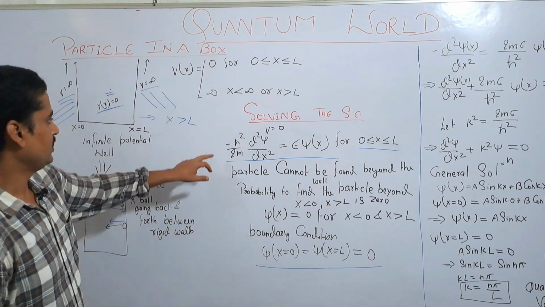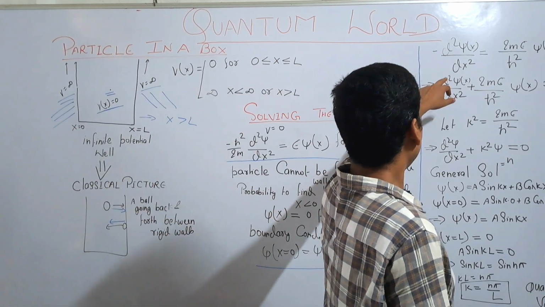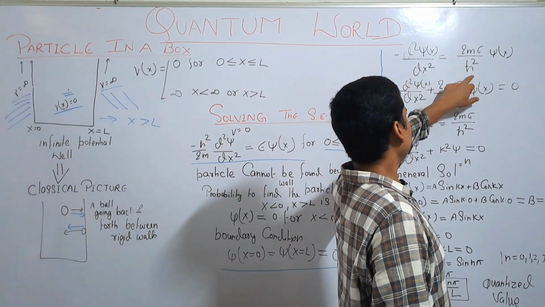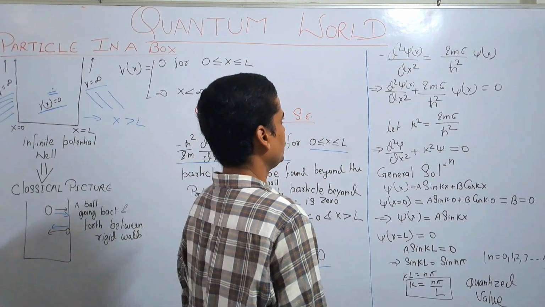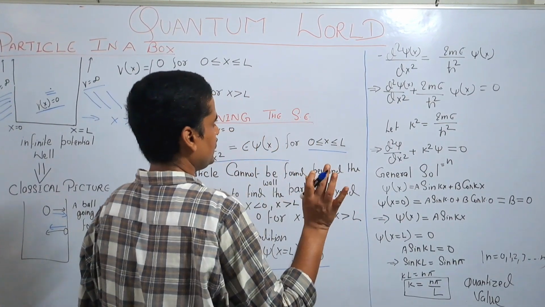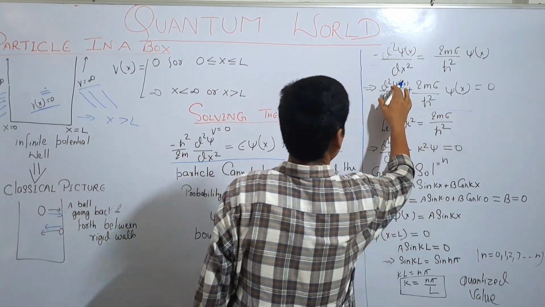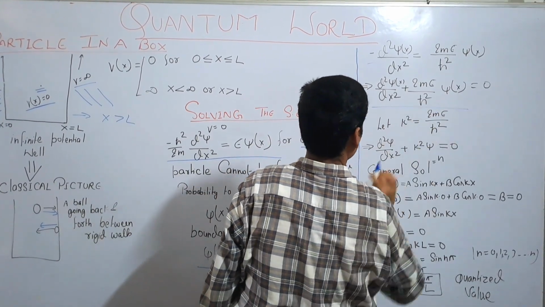Now we can solve this Schrödinger wave equation. Minus d²ψ/dx² equal to 2mE over h bar squared ψ(x). We can rearrange this term: d²ψ/dx² plus 2mE over h bar squared ψ is equal to 0.